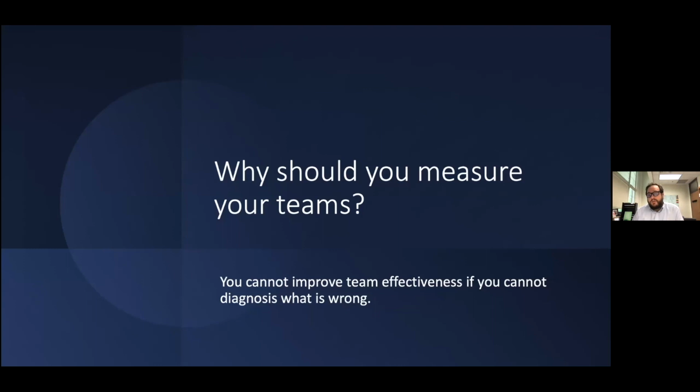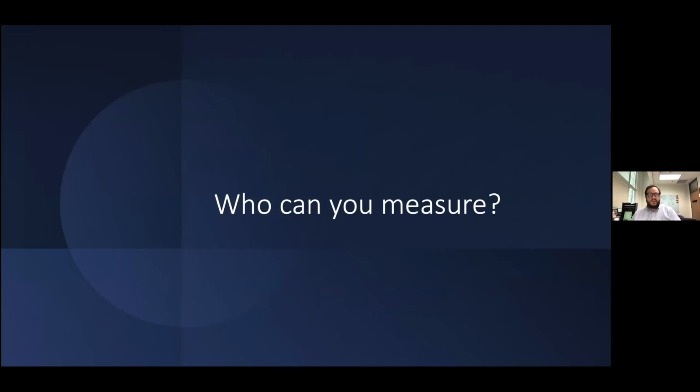You can throw everything you got at it, but if you don't know what's wrong with your team, a lot of those efforts to try and improve team effectiveness may not necessarily be effective. And so that's the take-home message in the context in which we are jumping into this right now.